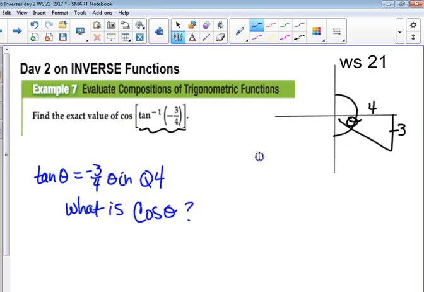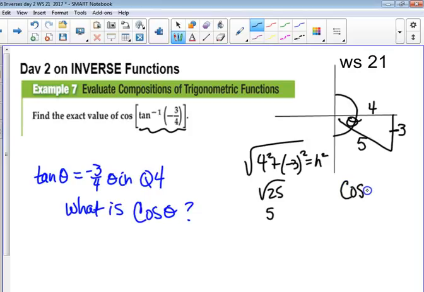What do we have to do quick? The square root of 16 plus 9, which is square root of 25, which is 5. So now it wants the cosine. The cosine at that spot is adjacent over hypotenuse, 4/5.